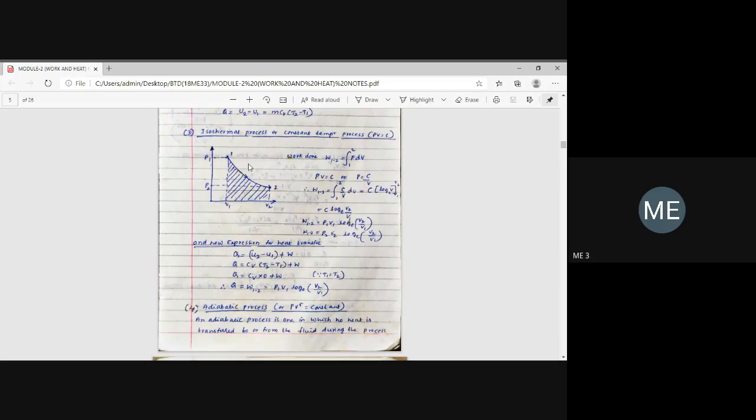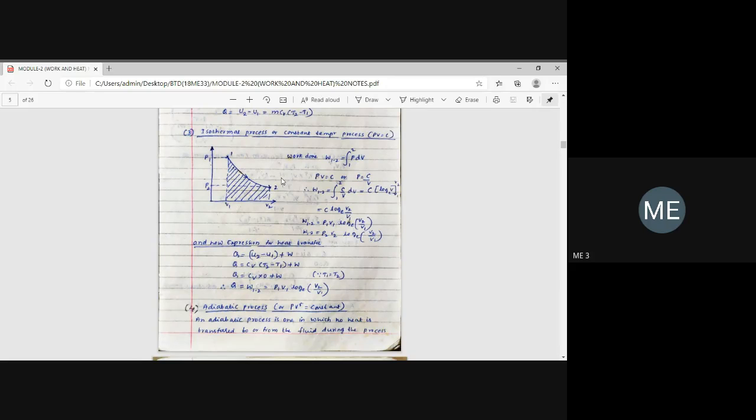For any derivation, please remember, always write the PV diagram. Once you have the PV diagram, it is very easy to analyze the process. By seeing the diagram we can analyze whether it is constant volume, constant temperature, adiabatic or polytropic, etc. So the PV diagram plays a very important role in this chapter.